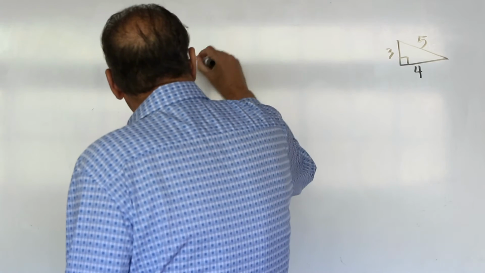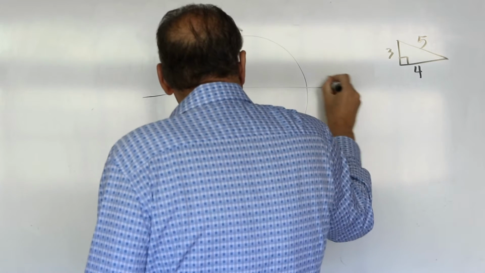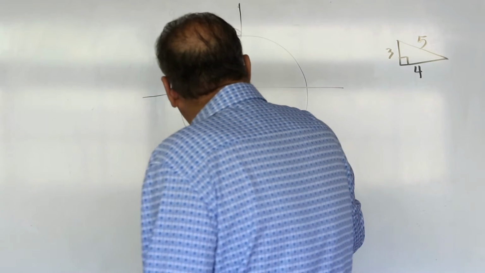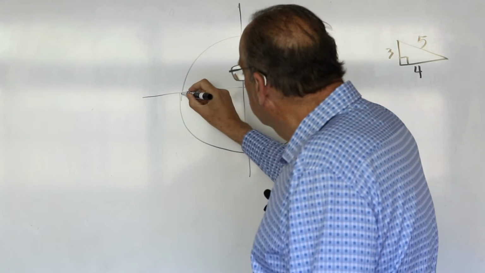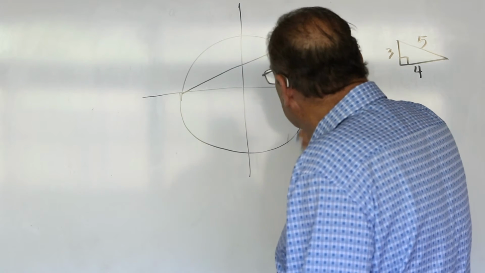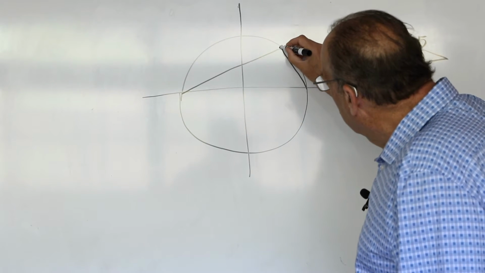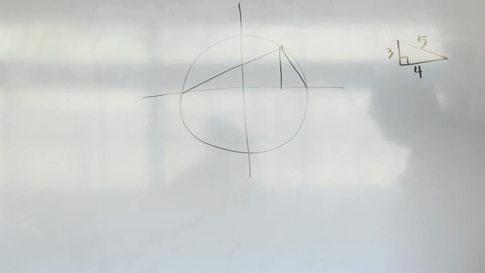I draw a circle, x-axis, y-axis. Pick a point on the semicircle, draw this line, and draw this line. And draw this line. I claim I have 3 similar triangles.